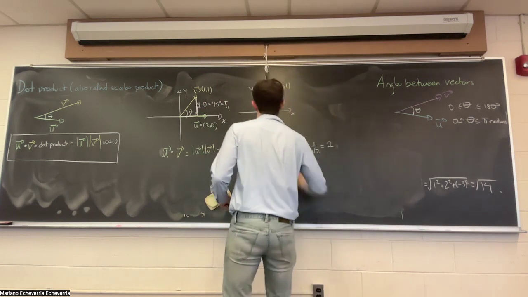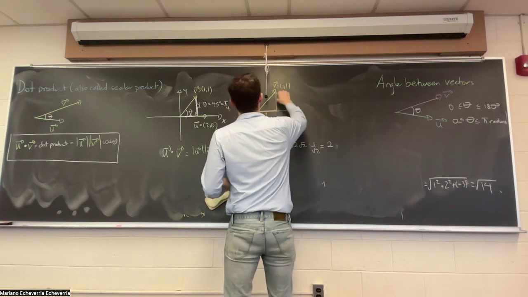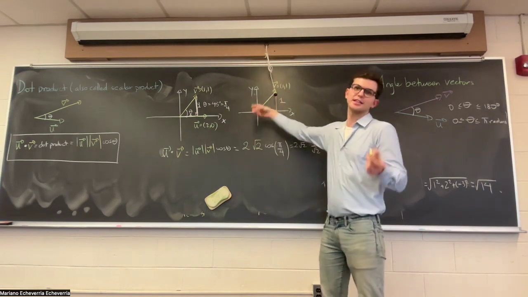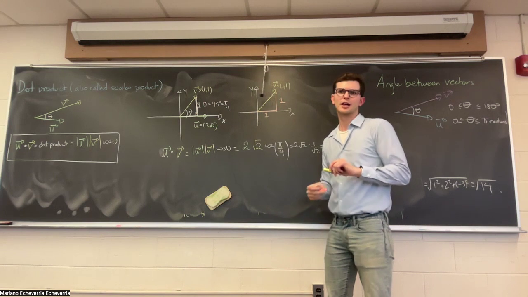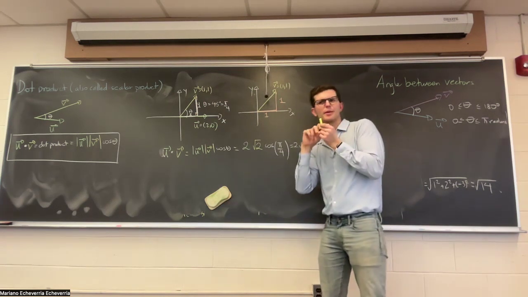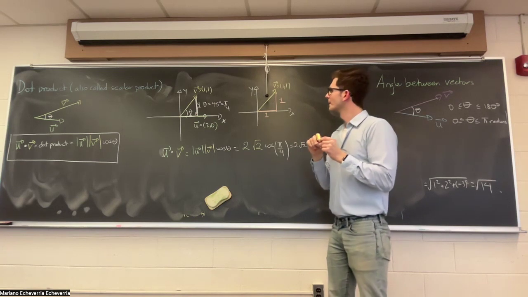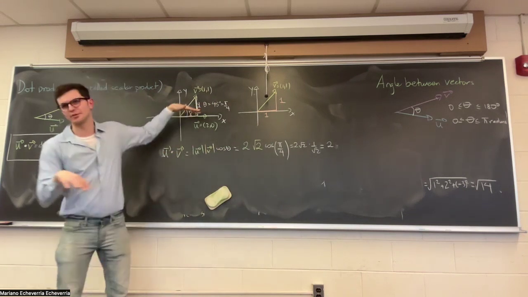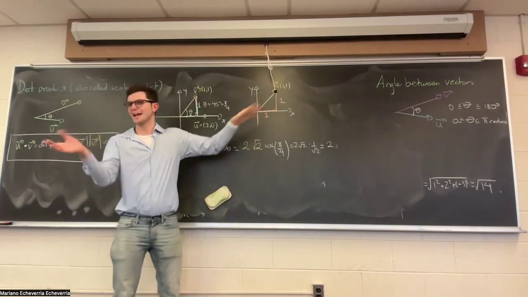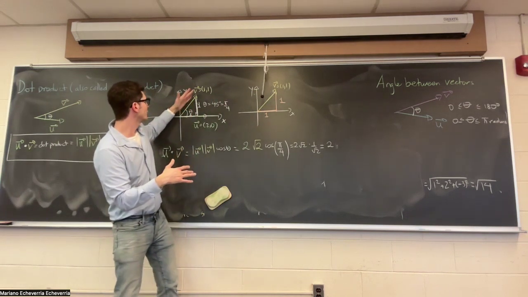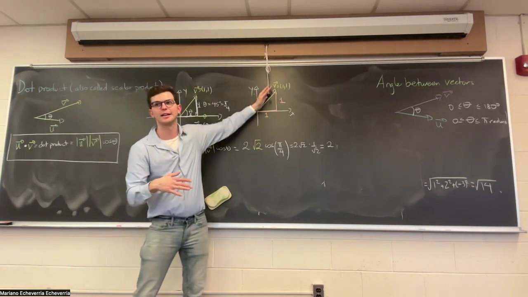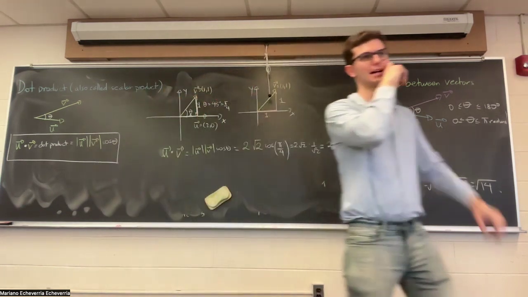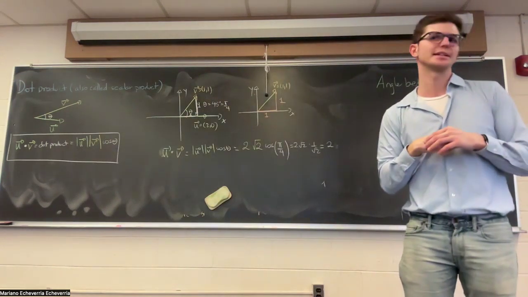I could draw it to emphasize that a little better. So these two sides are the same, which makes it an isosceles triangle, and that's how you get the 45 degrees. Is that better? In this case, the only important thing about the u vector was that it had the same direction as the x-axis, so asking for the angle between v and u is the same as asking for the angle between v and the x-axis. That's the only importance the u vector plays in that case.